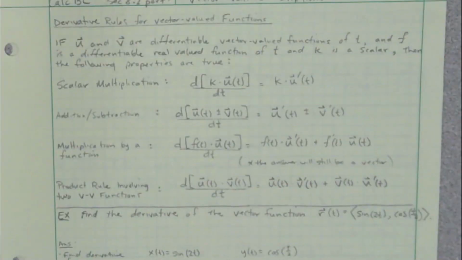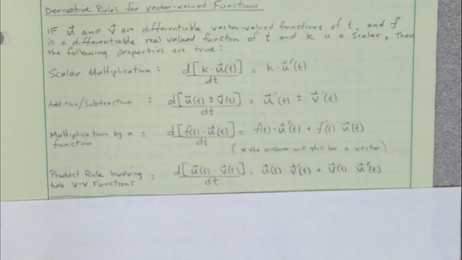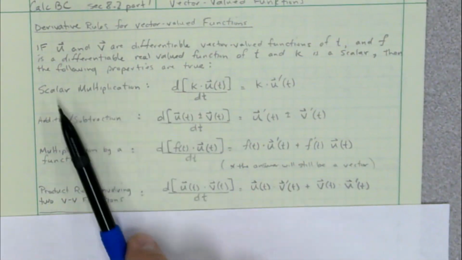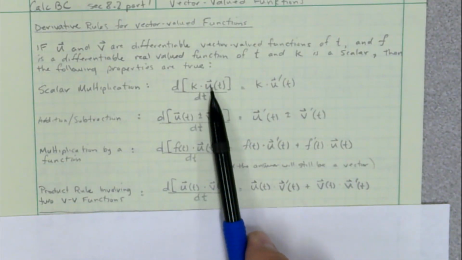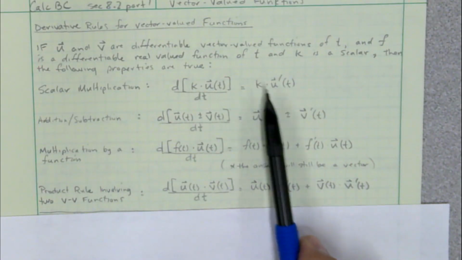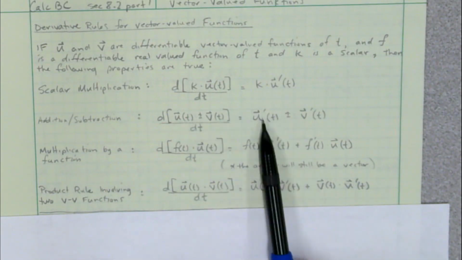Here are some properties, rules that we want to follow, which are pretty much identical to what we had before. So I have vectors, so how do I do scalar multiplication? If I have a scalar number times a vector, then the derivative would just be the scalar times the derivative of the vector. The sum and difference rules work the same way.